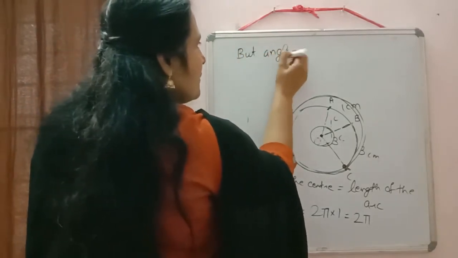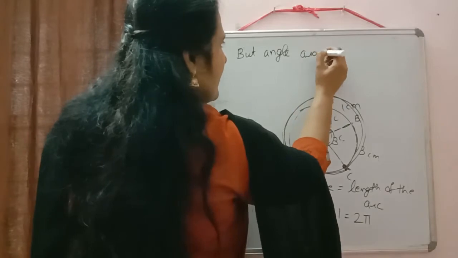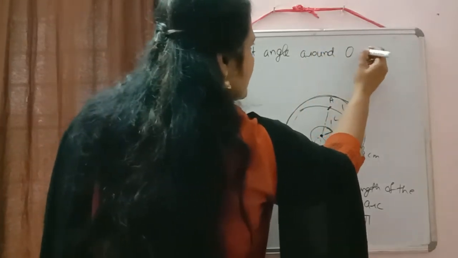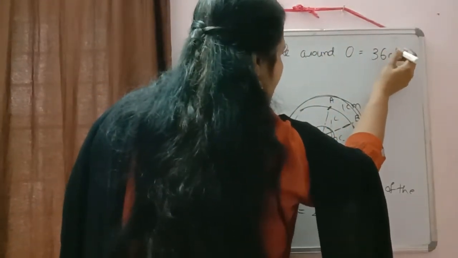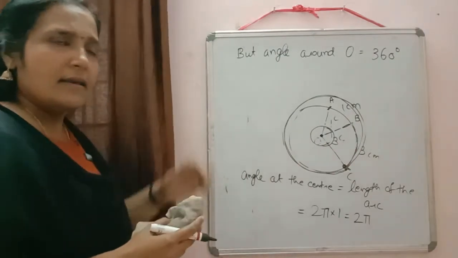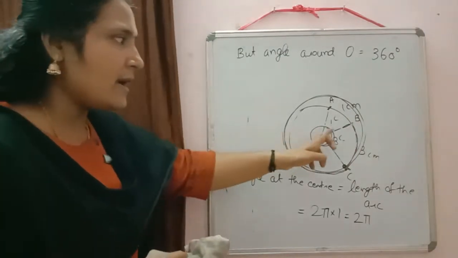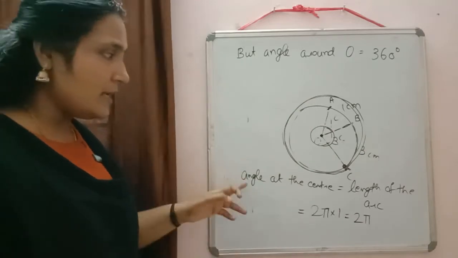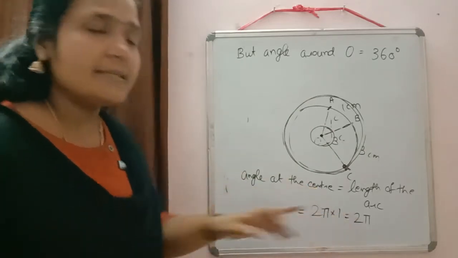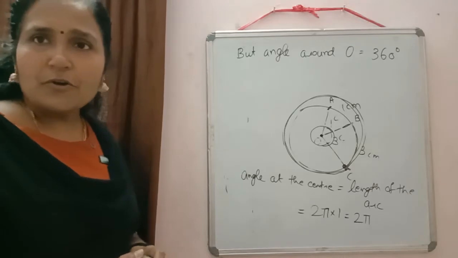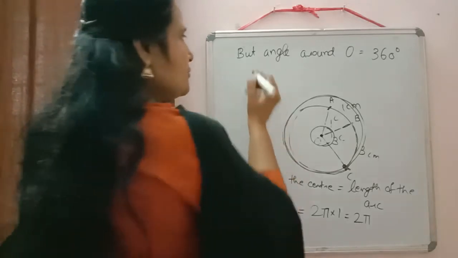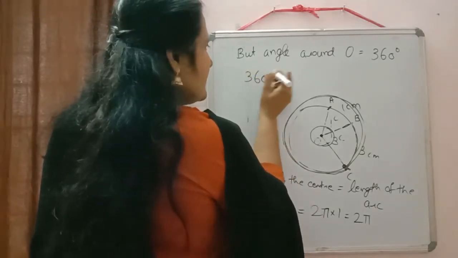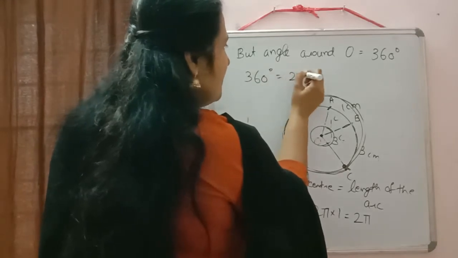But angle around the point O is equal to 360 degree. This we studied in lower 9th classes, 10th classes. Angle around a point is equal to 360 degree. But we are getting here angle at the center is equal to 2 pi. Then from these two what we can say? 360 degree is equal to 2 pi.